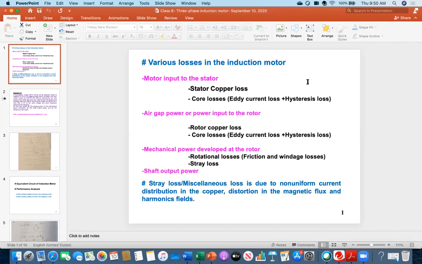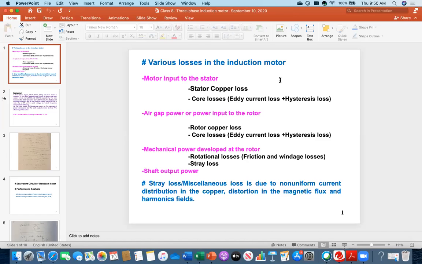we would like to know the induction motor efficiency. So how can we calculate the efficiency? You all know that efficiency is the ratio of output to input, output over input. But input means output plus various losses. If you compare with a transformer, it has only copper loss and core loss.